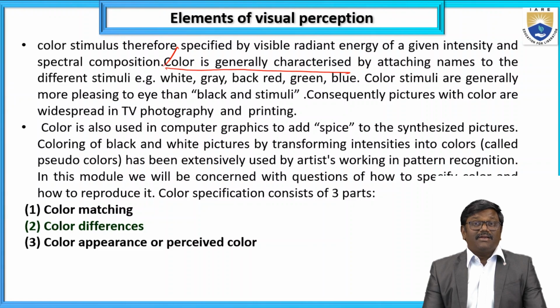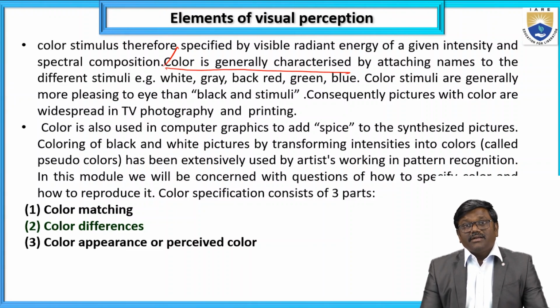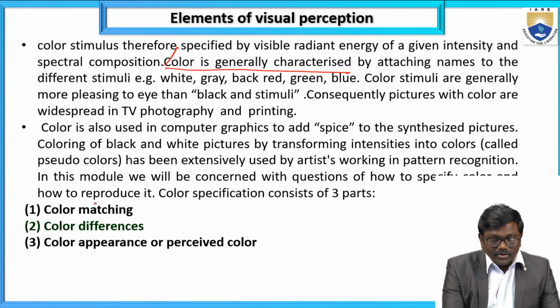Coloring of black and white pictures by transforming intensities into colors is called pseudo color, which we discussed in the earlier class. It has been extensively used by artists and in pattern recognition. In this module, we will be concerned with the questions of how to specify color and how to reproduce it.